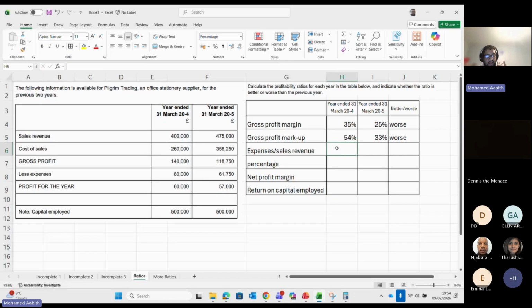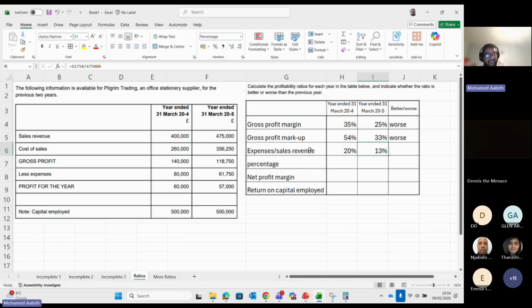Sales against your expenses query. So let's say the expenses here, 80,000 divided by 400,000, your sales, is 20% there. Now let's look at the next one. On the next scenario, we have expenses 61,750 divided by 475,000 pounds. It gave you 13% of sales revenue, expenses against your sales revenue.